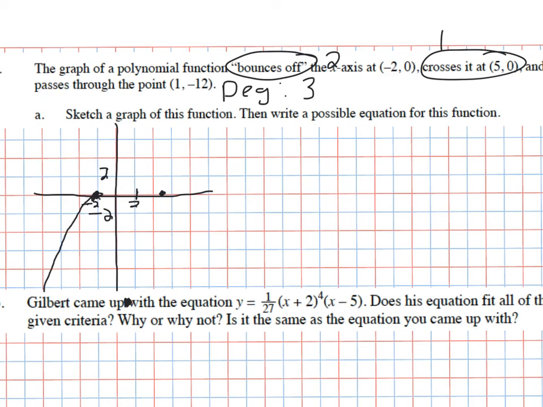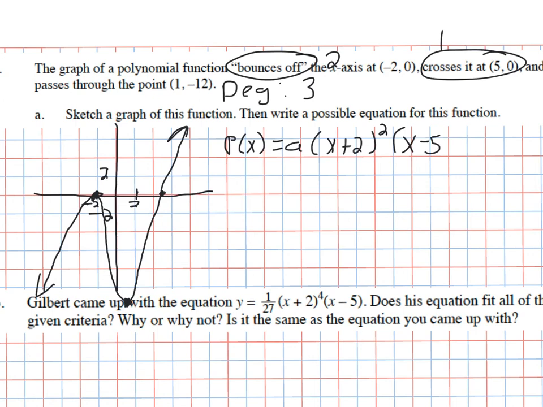And it's going to bounce off that point, pass through this point, and then come back up through 5, 0. So there's my sketch. My polynomial is going to be p of x equaling a times x plus 2 squared times x minus 5.